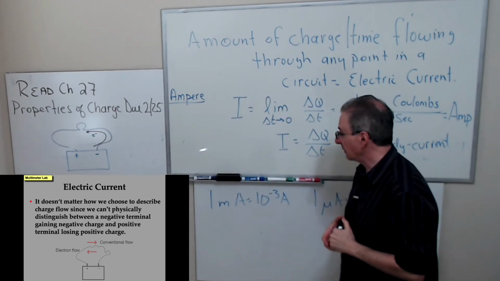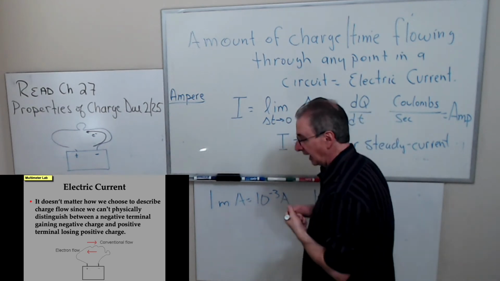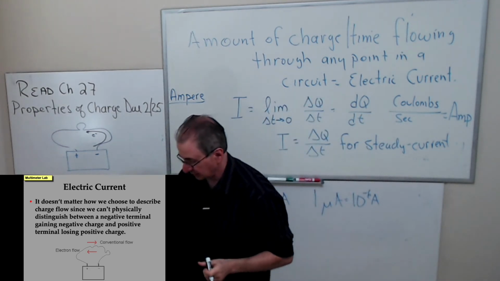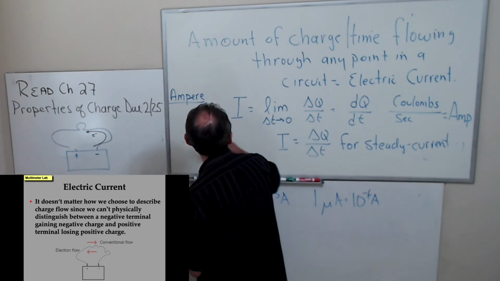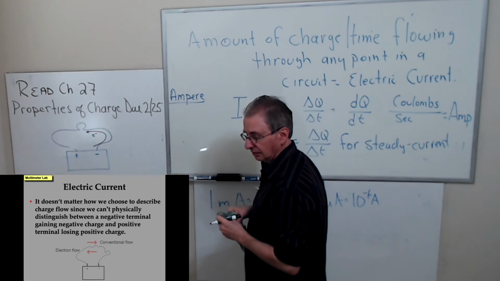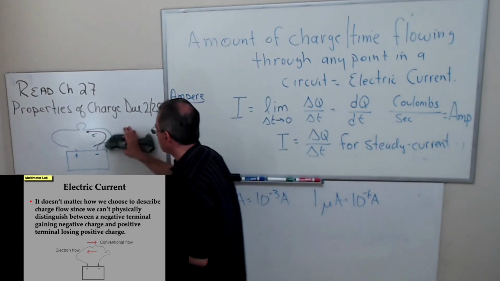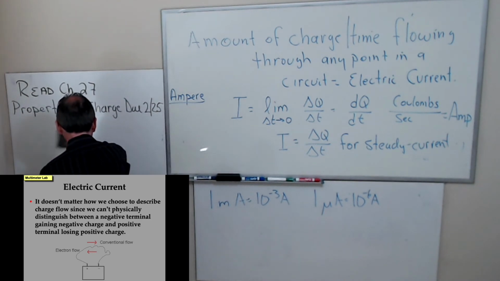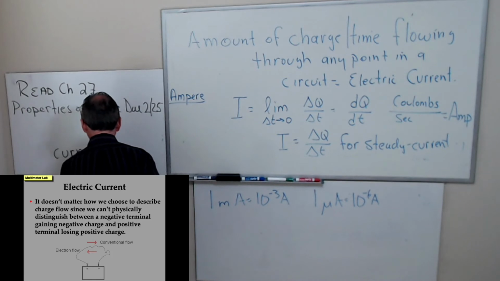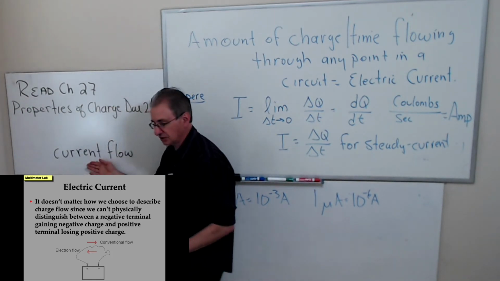By the way, I should mention something. Your book points this out, and I make this mistake a lot. We're talking about charge flow. Current is charge flow. But a lot of times we say the term "current flow."